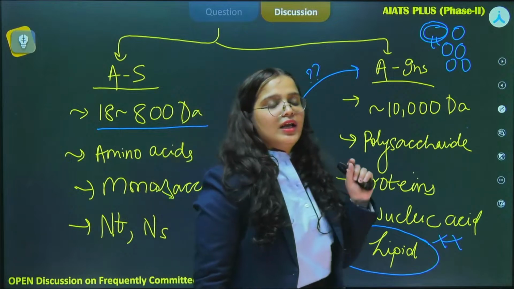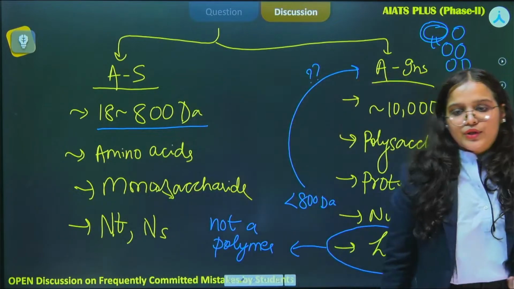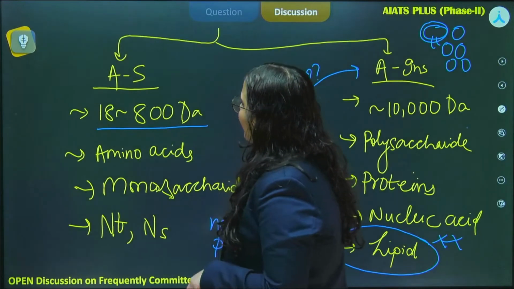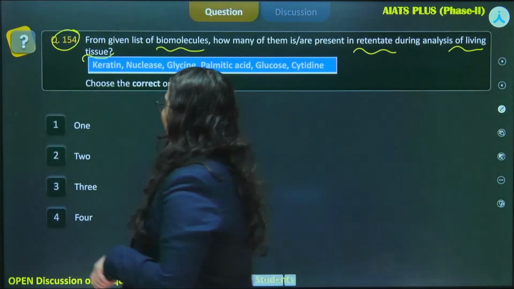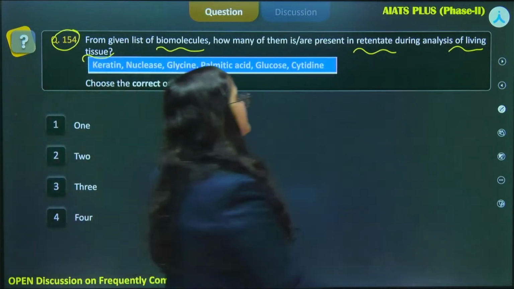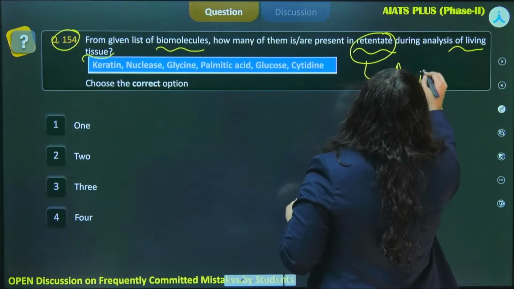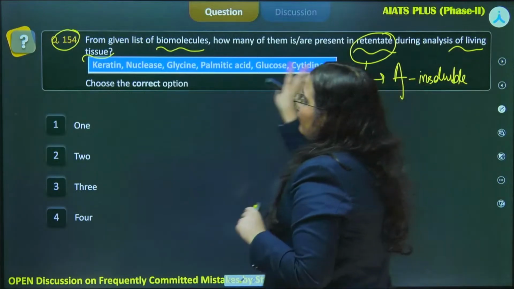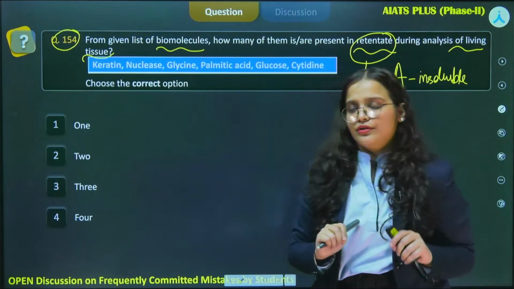Because they have less molecular weight, so they get filtered out. So now let us go back to our question, which was asking that among the given molecules, which one will be present in the retentate. So basically we are talking about the acid insoluble fraction.